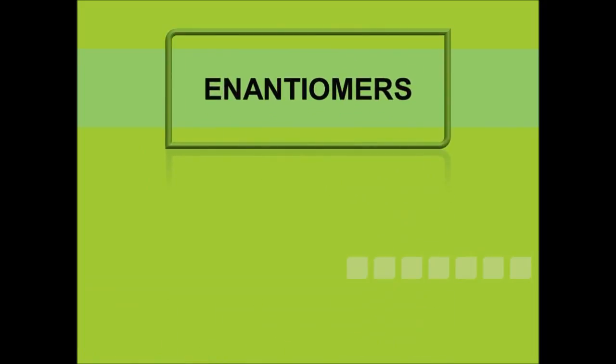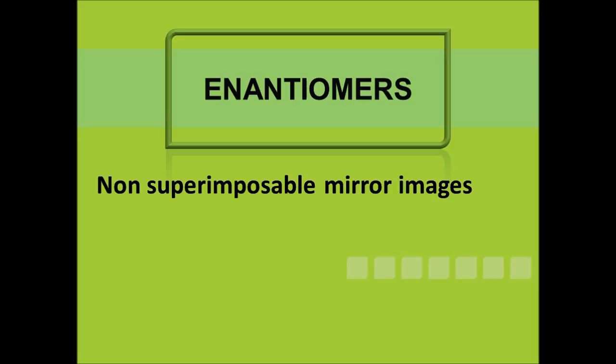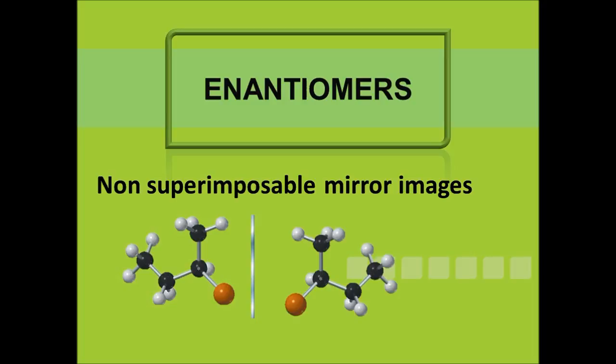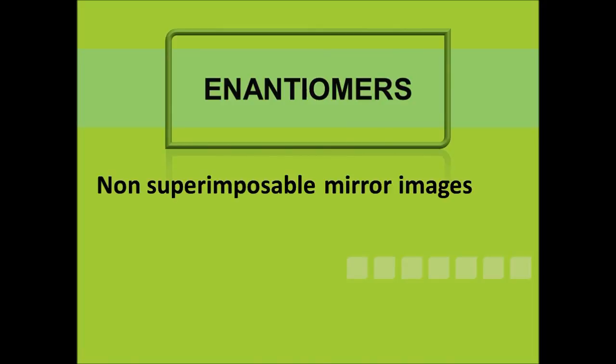Enantiomers are non-superimposable mirror images of any compound. So by non-superimposable, what we're saying, as described before when we talked about chiral compounds, is if you place the image on top of its mirror image, it will not line up perfectly. So molecules that have non-superimposable mirror images are called enantiomers.